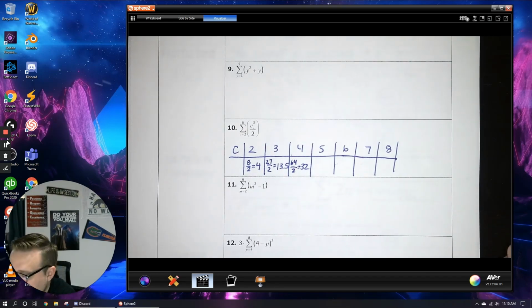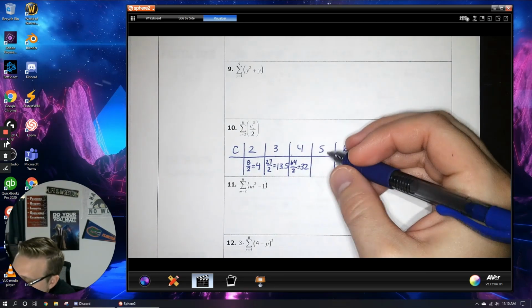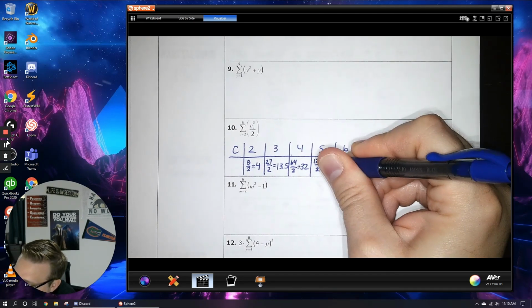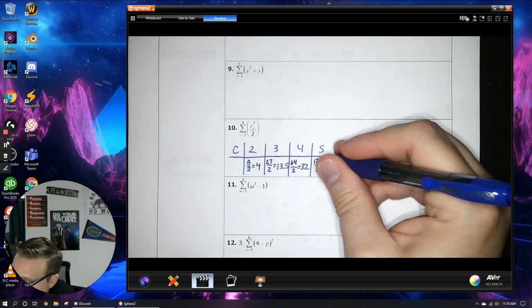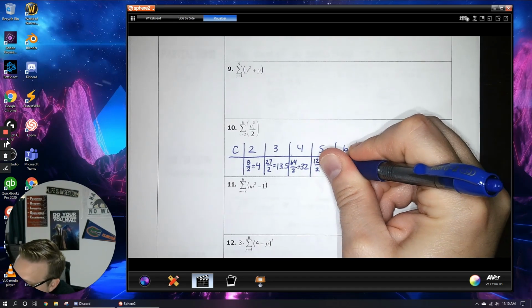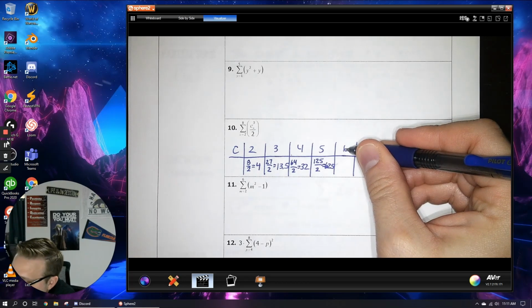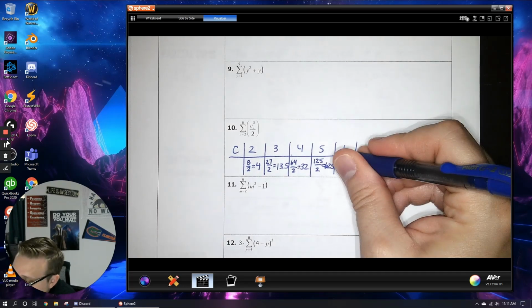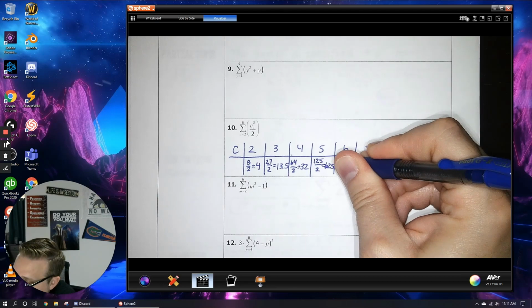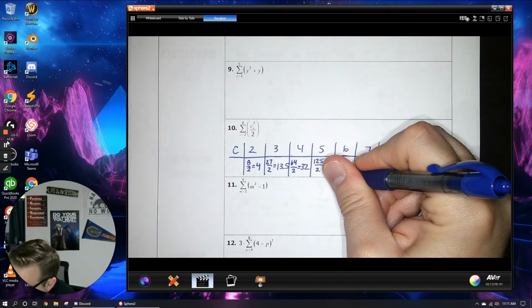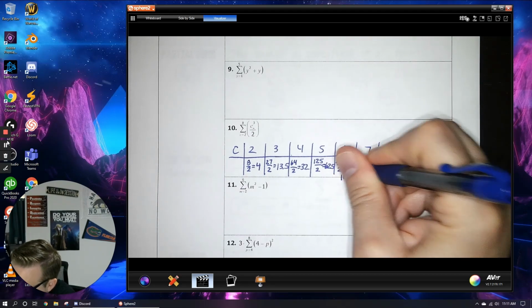So we're just plugging in the whole time. 5 cubed is 125, and then you divide that by 2, and you get 62.5. Note to self, I could have made these slightly larger, knowing that there was going to be decimals in them. 6 cubed gives us 216, and dividing that by 2 gives us 108, which I'm writing down here.